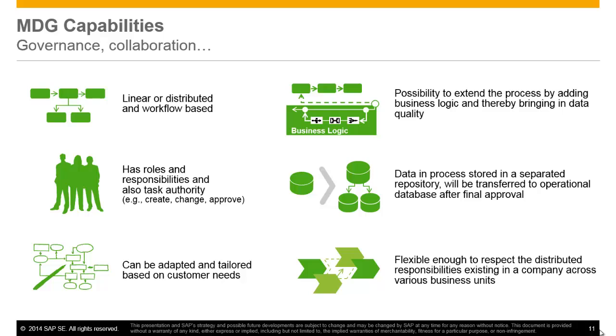One key point to talk about from the MDG framework perspective is this point about the master data stored in a separate repository. There is a staging area where during a master data creation process inside of the MDG framework, that master data will remain segregated inside of a staging area, separate tables within a database, to make sure that data doesn't enter your primary storage, your main storage, until it's gone through your entire governance process.